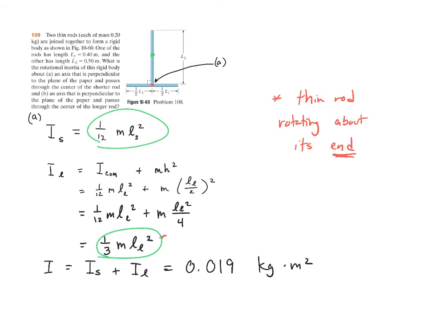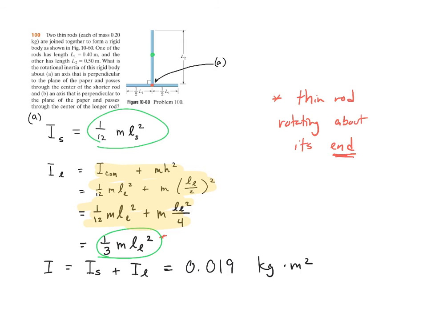Note in this problem that we could have used the parallel axis theorem like we did, but we didn't have to if we remembered that it was 1/3 m L squared for a thin rod about its end. All of this work that we did, highlighted in yellow, could have been avoided if we remembered that it's 1/3 m L squared.